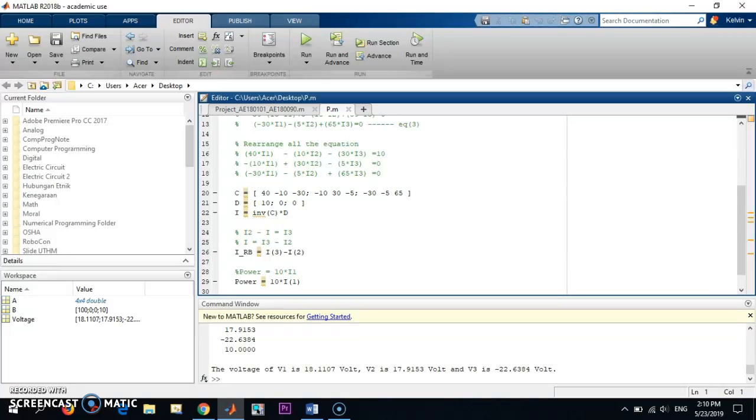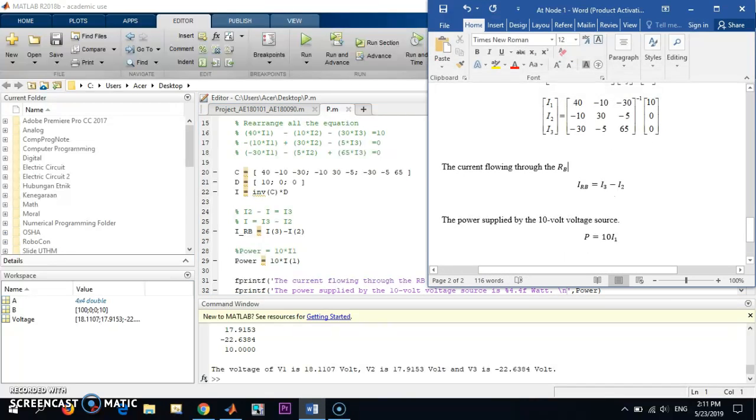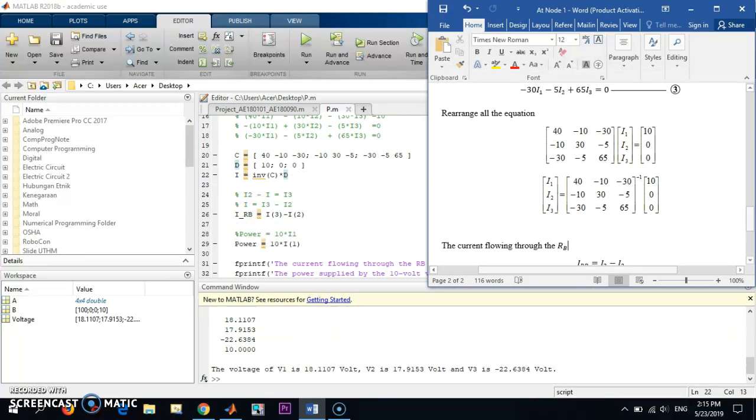For D, it is 10, second row is 0, third row is 0. So to find our I, it is inverse C times D. To find the IRB, it is I3 minus I2. For the power, it is 10 times I1. These three equations I showed before in here, right?